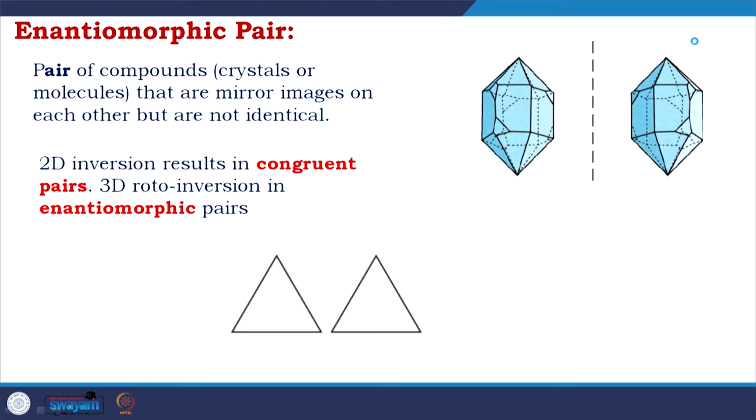Now you understand we have already shown you in the model that this is a chiral pair and they are not superimposable, like hands. If you want to put them on top of each other, these two would not be superimposed. So, that is the difference between a congruent pair and an enantiomorphic pair.